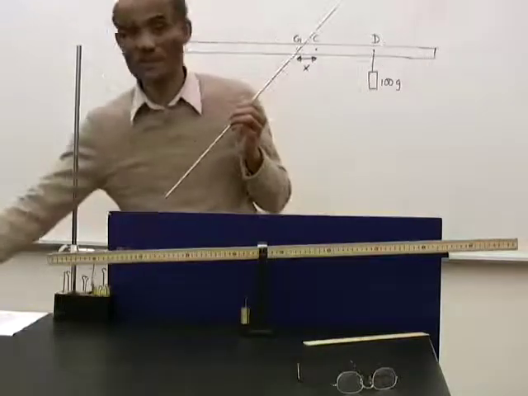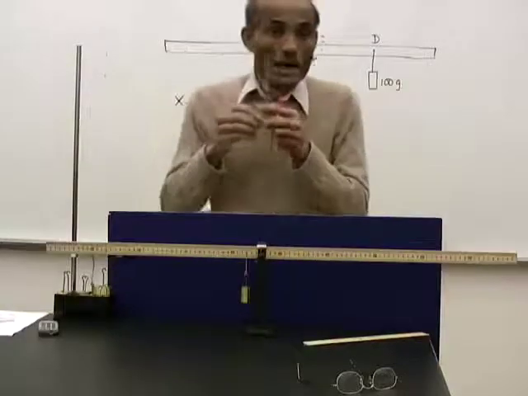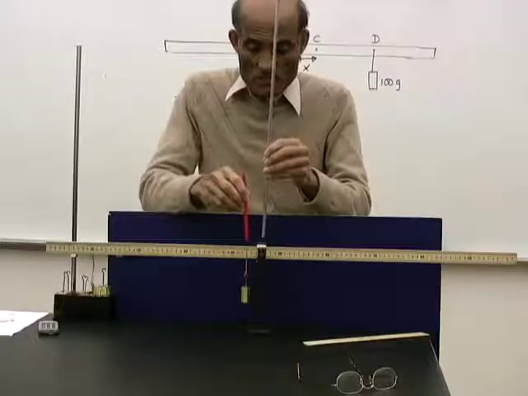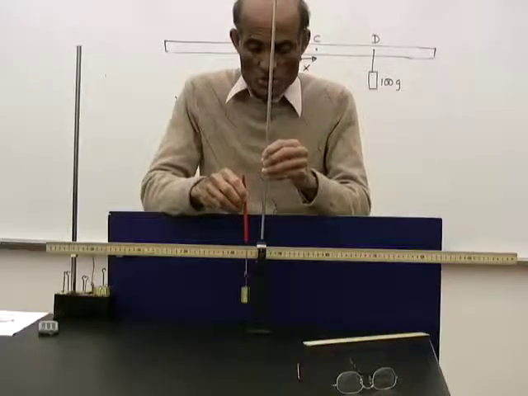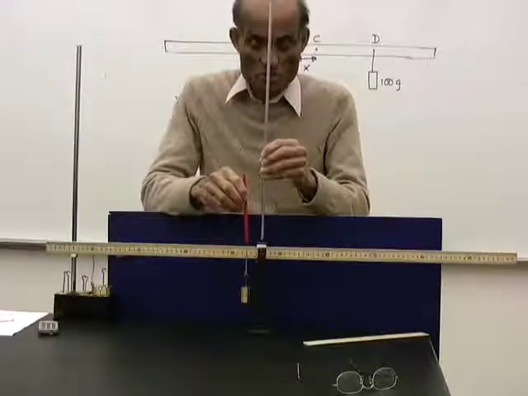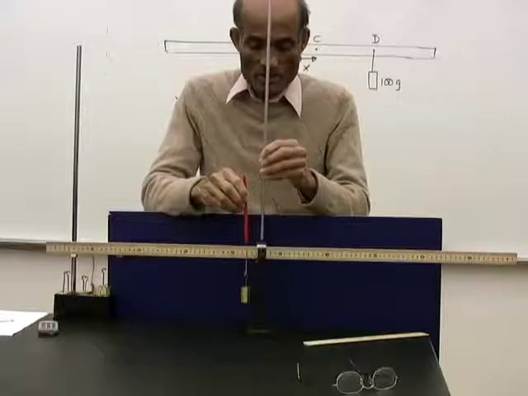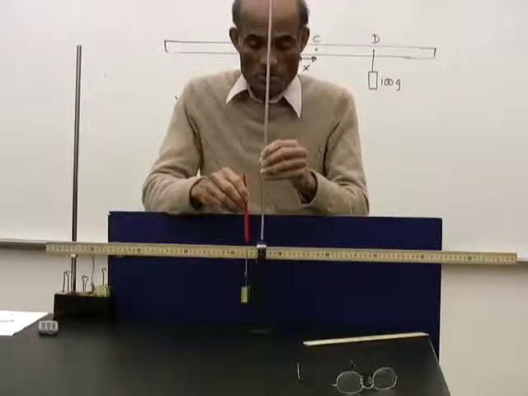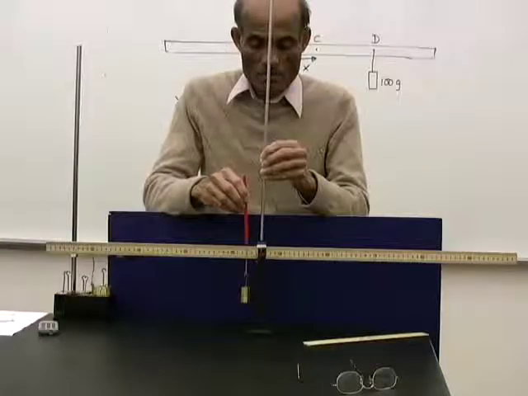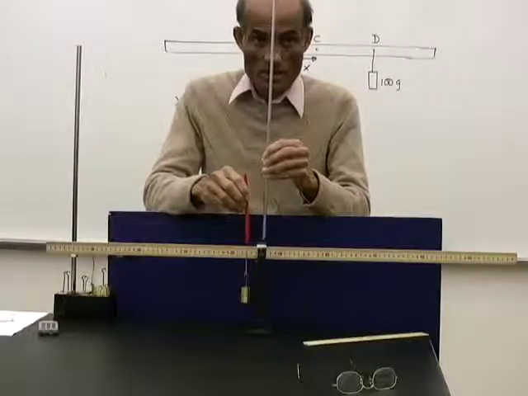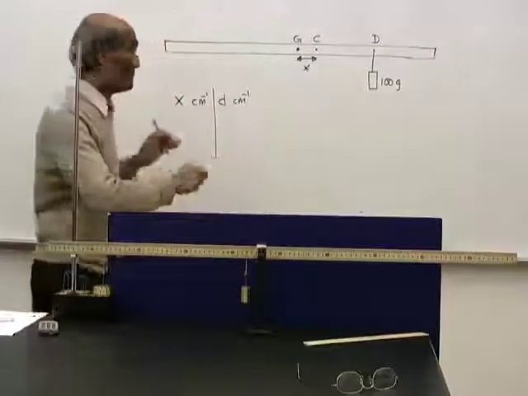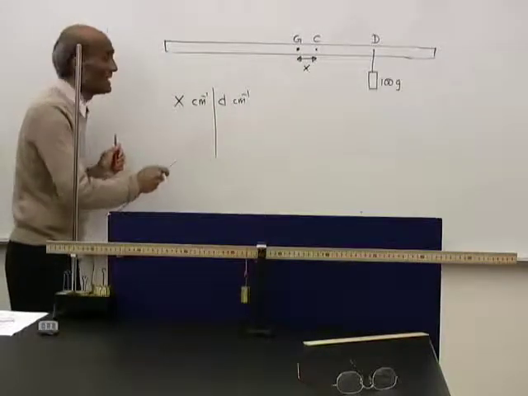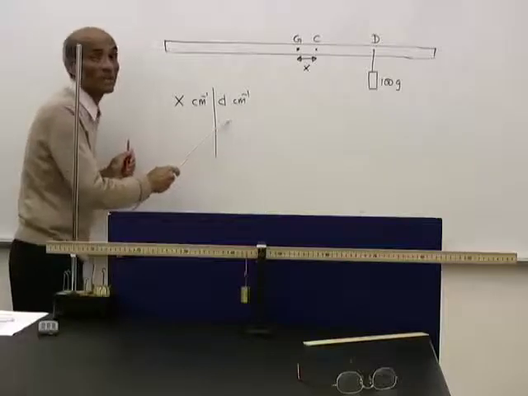Measure that distance. I have now changed the string, and maybe it is easy for you to measure that distance. That's your D. Measure that distance and record it as D. So, when your X value is 4 centimeter, what is your D?